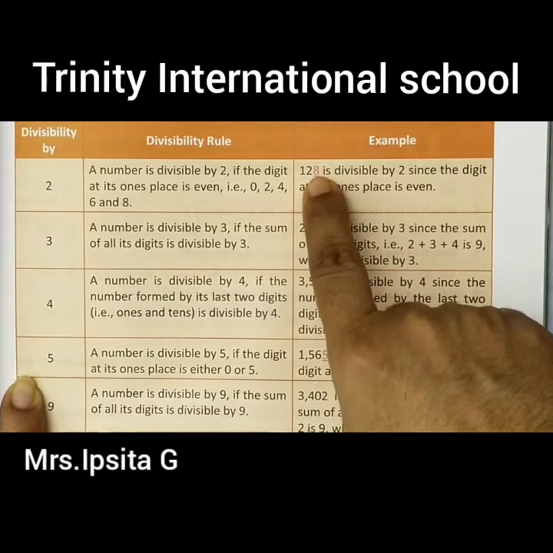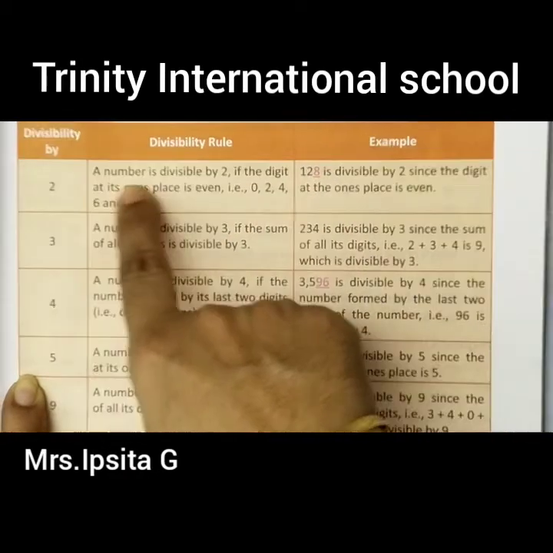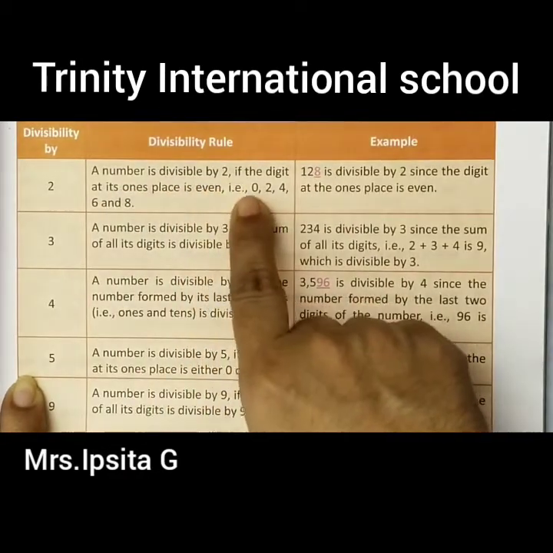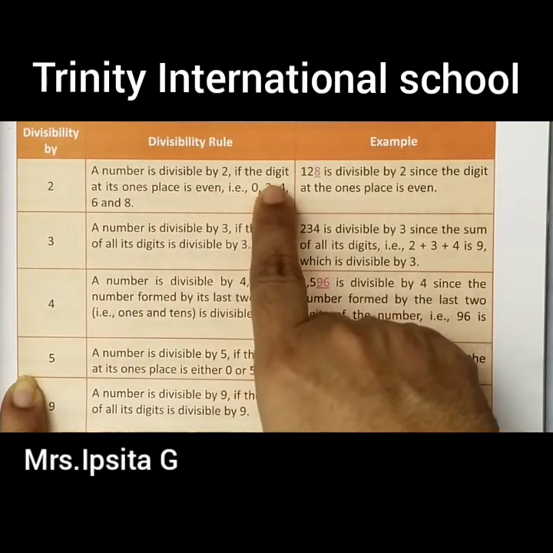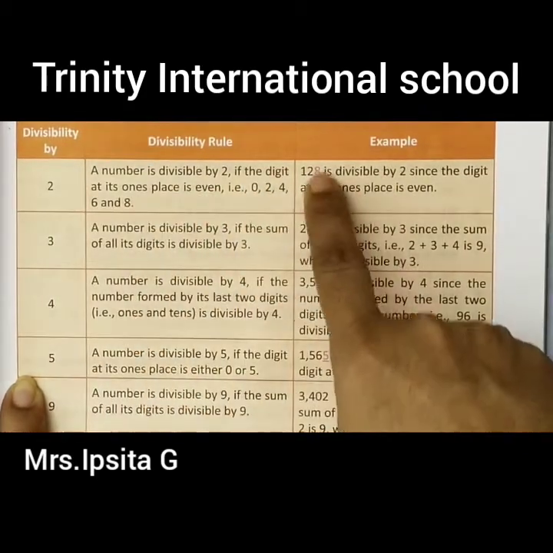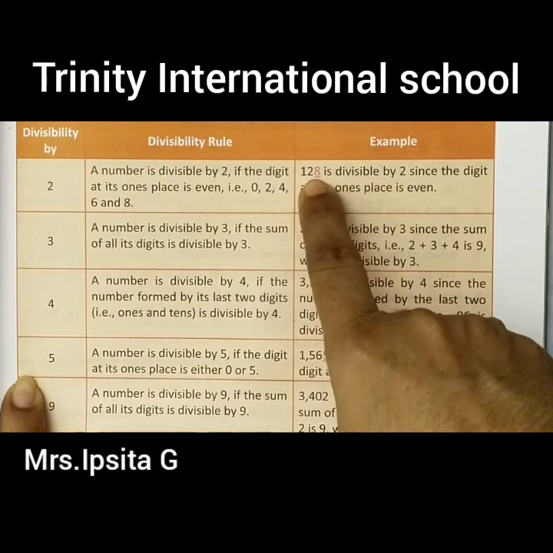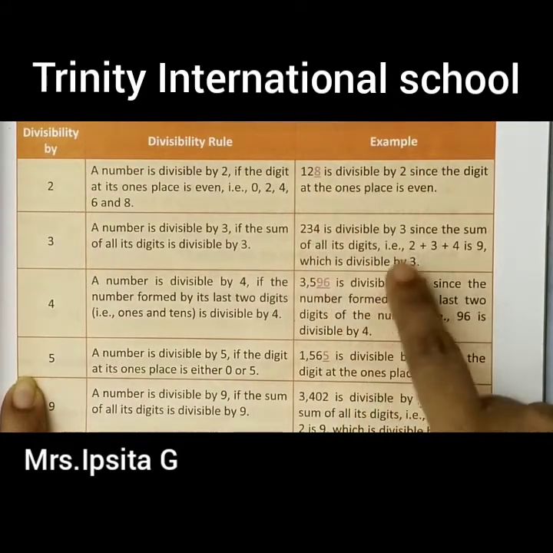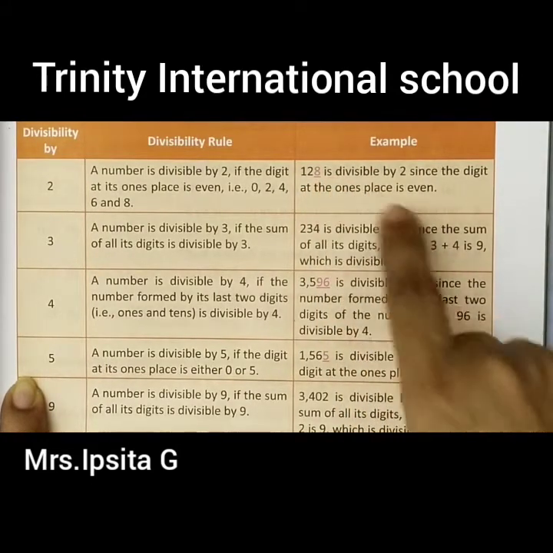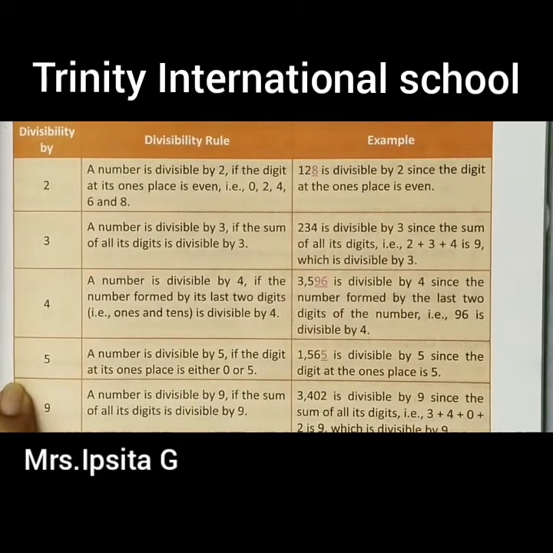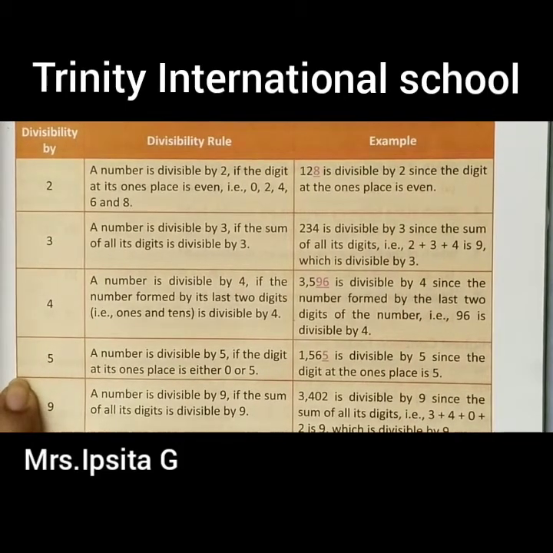So 8, if it is there in ones place, then that number will be divisible by 2. देखिए यहाँ पर दिया हुआ है 0, 2, 4, 6, 8. तो आप देख पा रहे हैं ये जो नंबर है इसके वंस के प्लेस में 8 है, इसीलिए ये 8 जो है वो इवन नंबर है और इसलिए ये डिविजिबल बाय 2 है. Okay, so let me explain with some more examples.